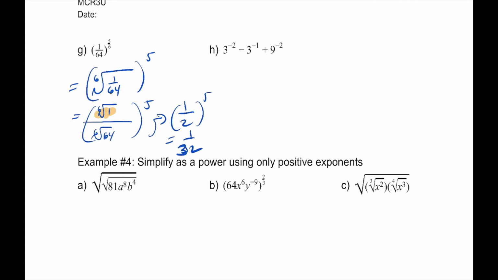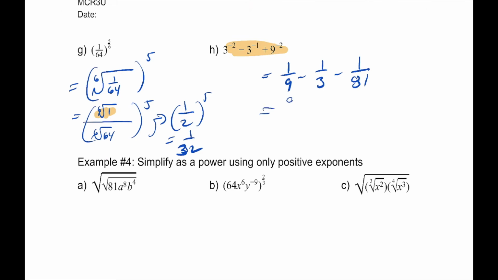So this example is very similar to the one we just did in the warm-up. 3 to the power of negative 2 is going to be 1 over 3 squared, which is 1/9, minus 3 to the power of negative 1, which is going to be 1/3. And then 9 to the power of negative 2 is going to be 1 over 9 squared, which is 1 over 81. So we have to convert to a common denominator of 81.